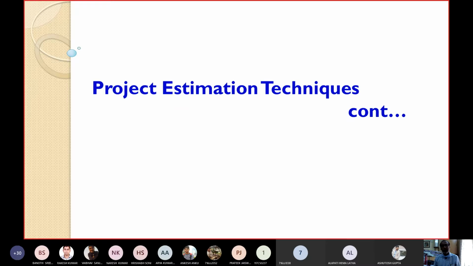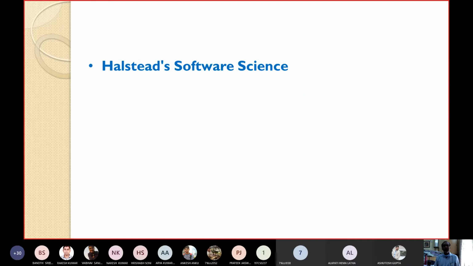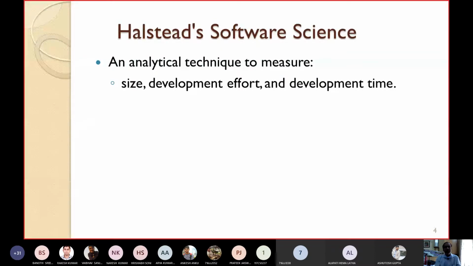The remaining technique is the analytical technique. So we must take one example from the analytical technique. Today we will take up one example of an analytical technique, named Halstead software science. This is an analytical technique for effort estimation and cost estimation. Let's see what we mean by analytical technique.